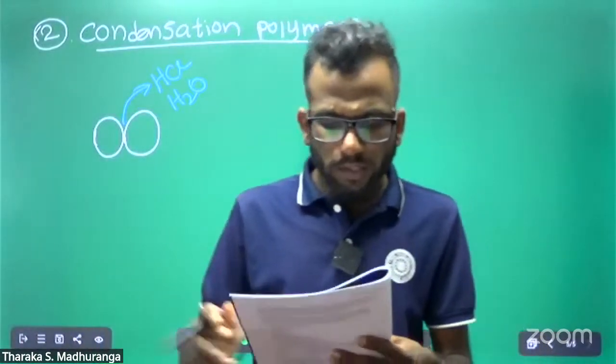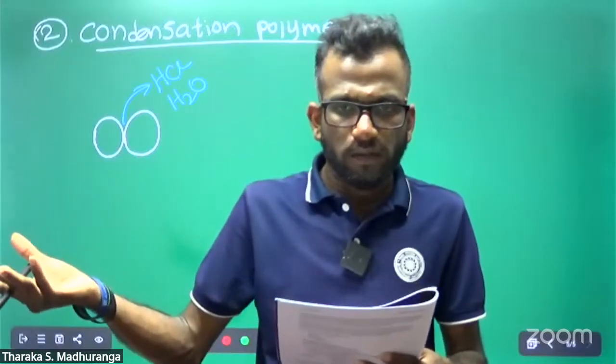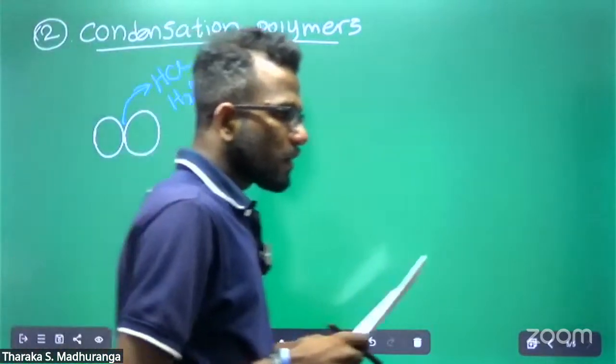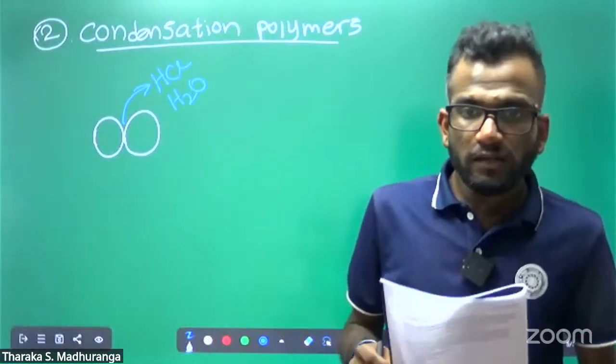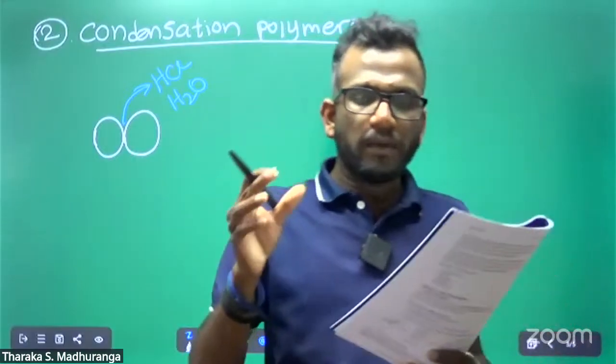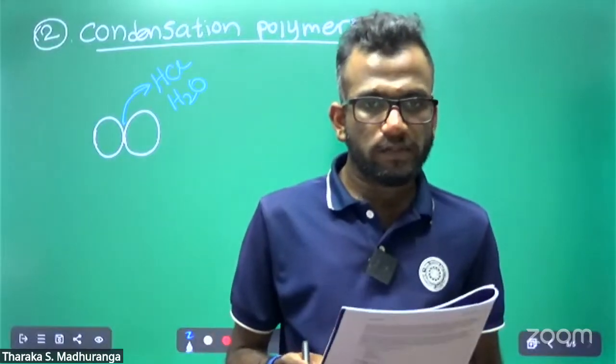If you understood the difference, that is enough. The monomers involved have two functional groups. Always the monomers have two functional groups. I told you about starch production, mainly combining amylose and amylopectin. Do you remember starch production?